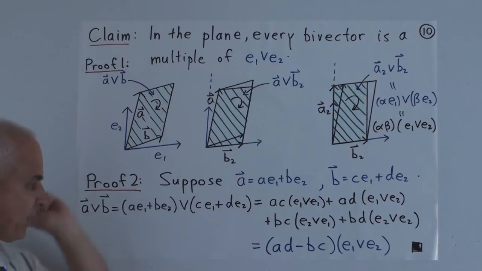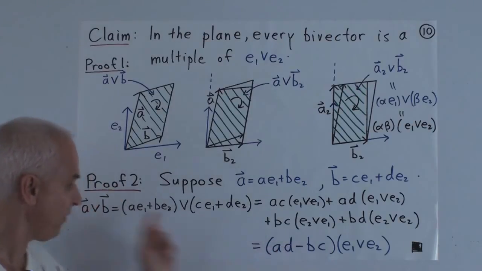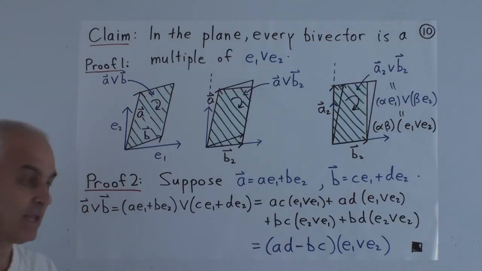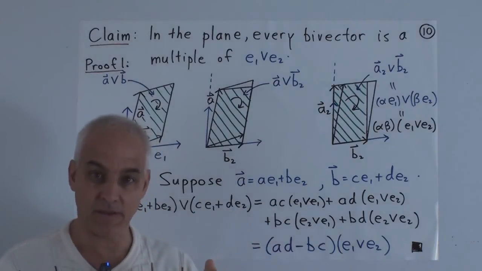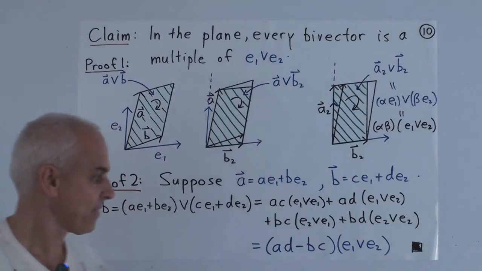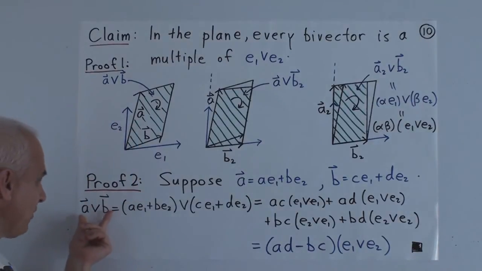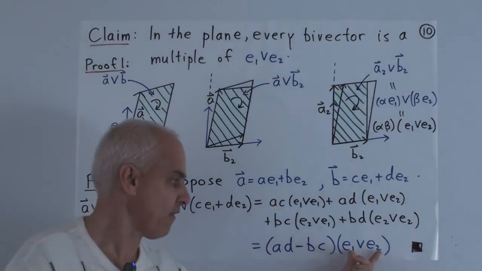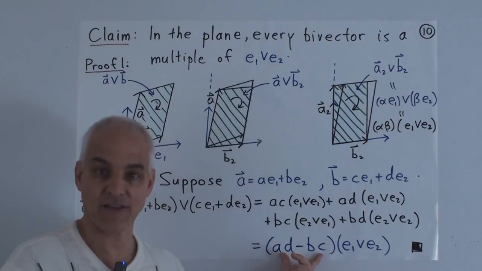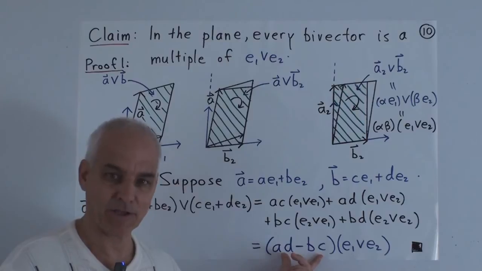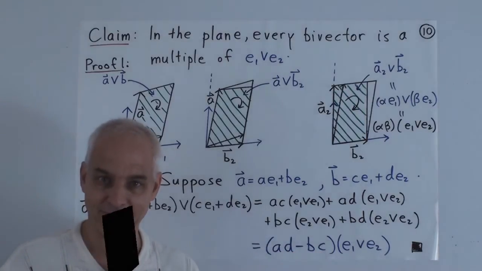Okay? The idea that we can get at the area of the parallelogram formed by A wedge B simply by making this computation with this bivector formulation. And it's just a question of this bivector being a multiple of this bivector, and that's the coefficient, that's the multiple. That multiple is the area.